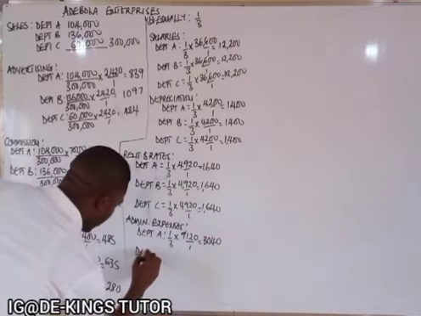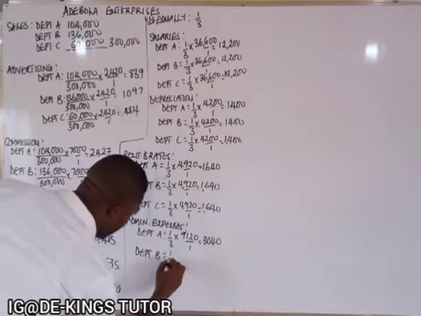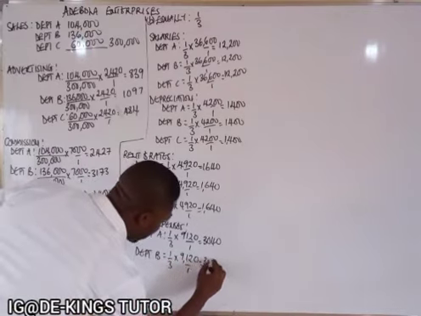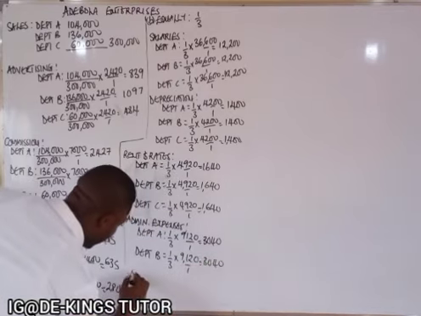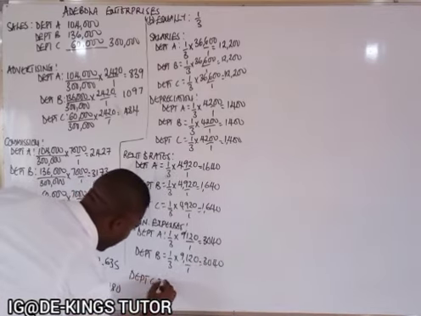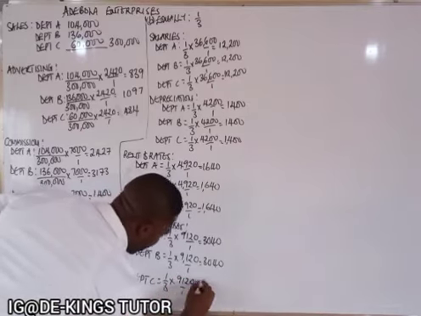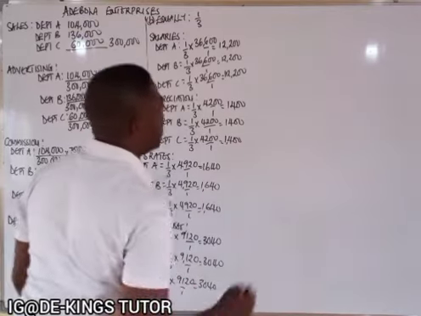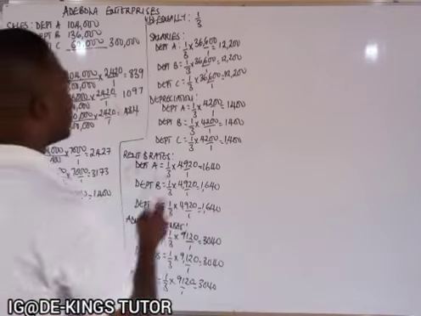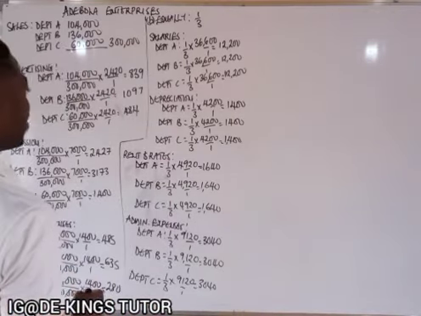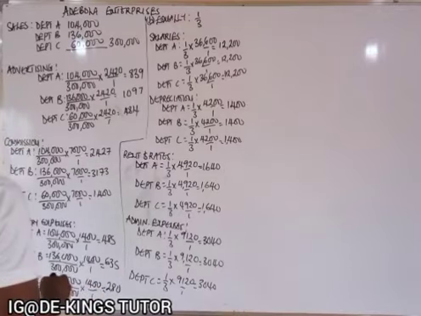For Department B, it's the same, 1/3 times 9,120 as 3,040, and the same for Department C, 1/3 times 9,120 as 3,040. Okay, so that is doing it equally.